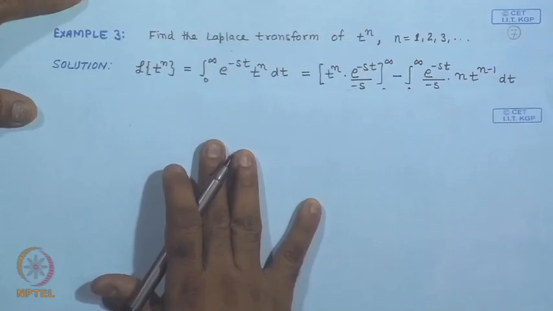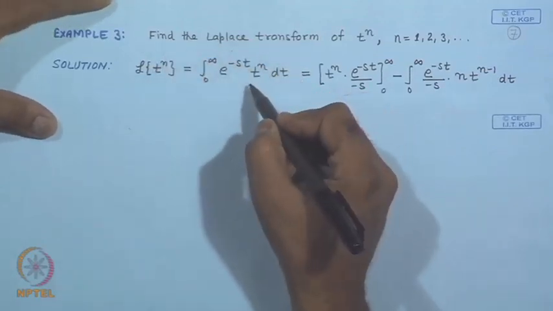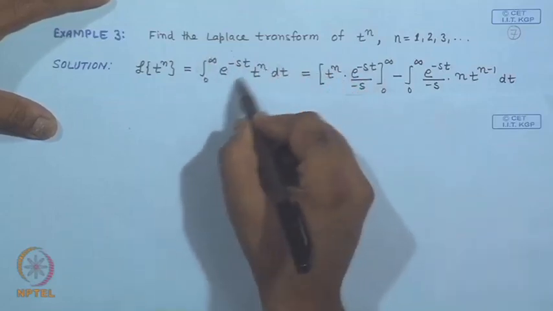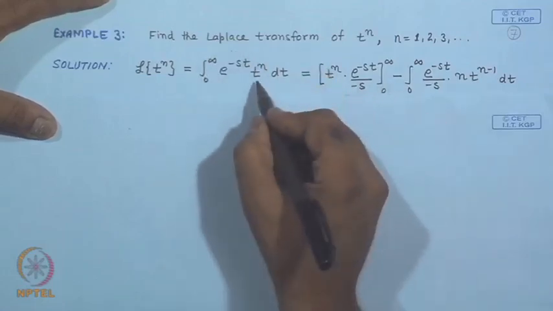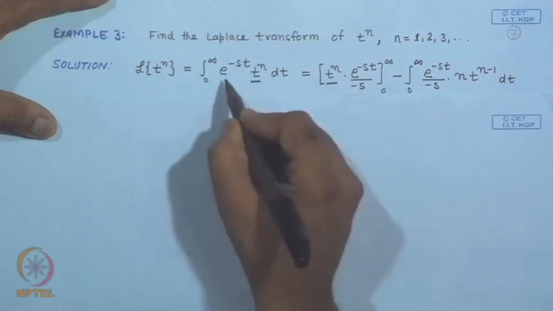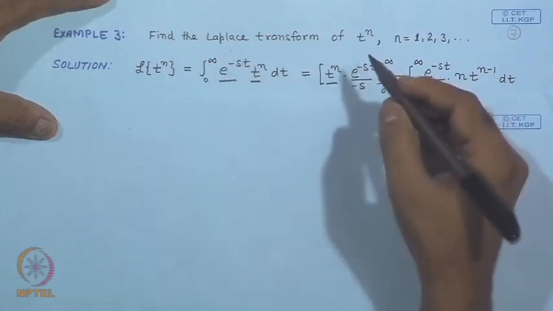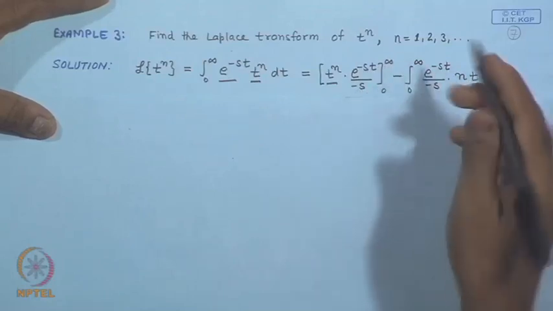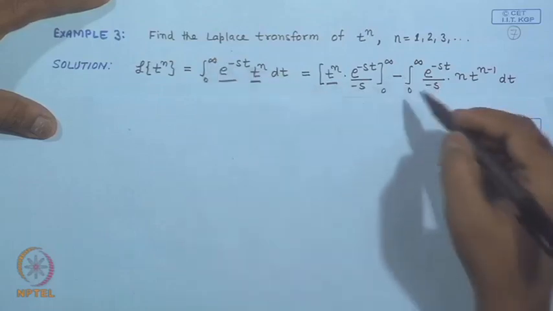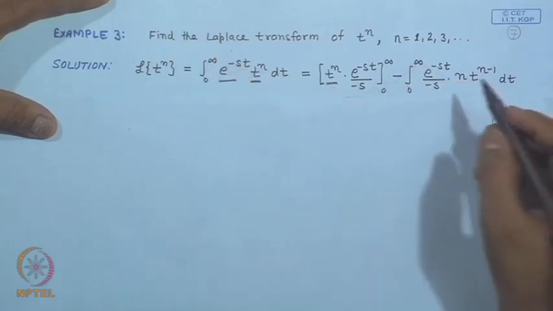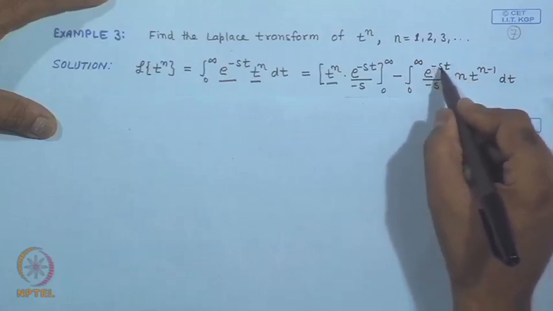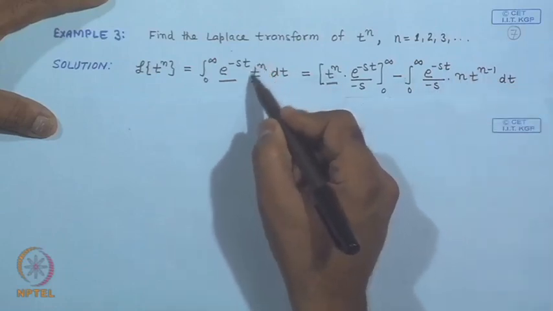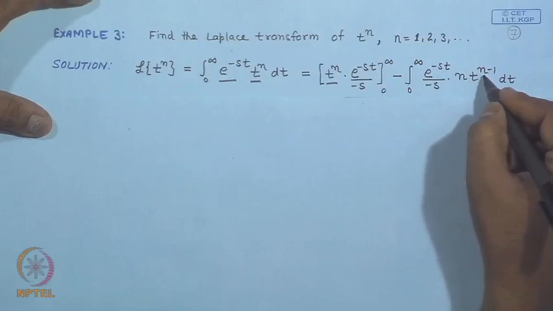So, as per the definition we have the integral from 0 to infinity of e power minus s t times t power n dt. So, we integrate this by parts. So, t power n as it is, and the integral of e power minus s t, that is e power minus s t over minus s, with limits 0 and infinity, minus the integral from 0 to infinity of the integral of e power minus s t, that is e power minus s t over minus s, times the differentiation of t power n, that is n t power n minus 1 dt.